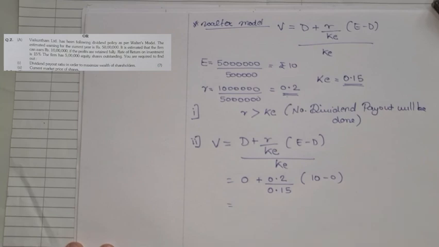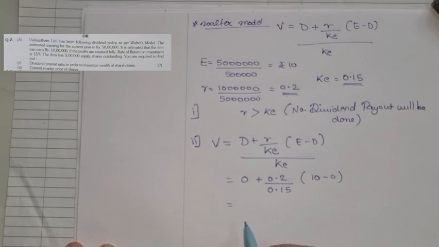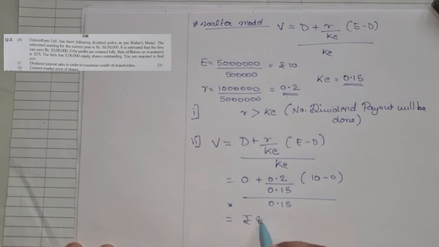So this will become 10 into 0.2 divided by 0.15, and this whole thing will be divided by 0.15. The value that you will get will be rupees 88.88 per share.